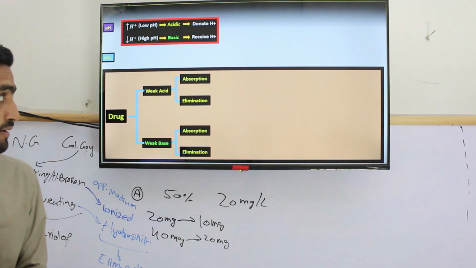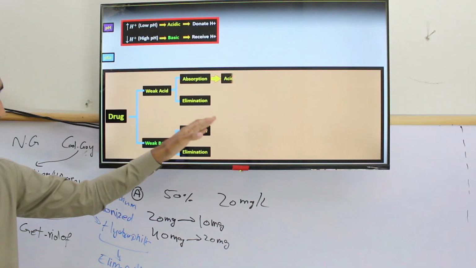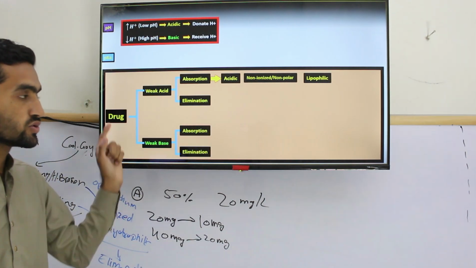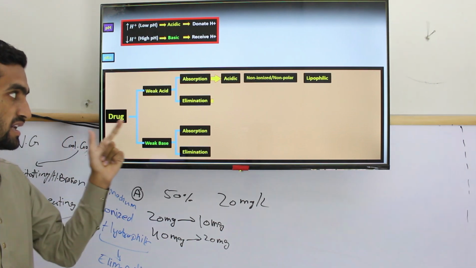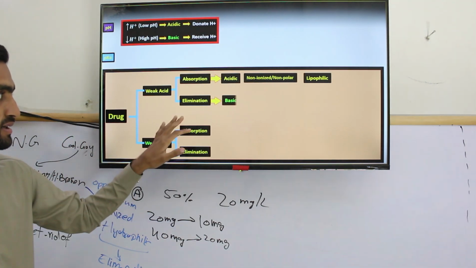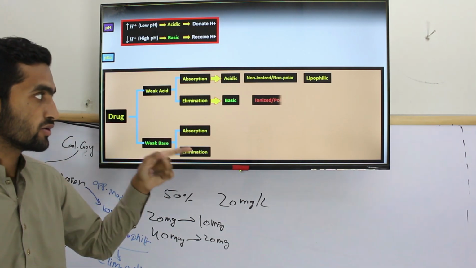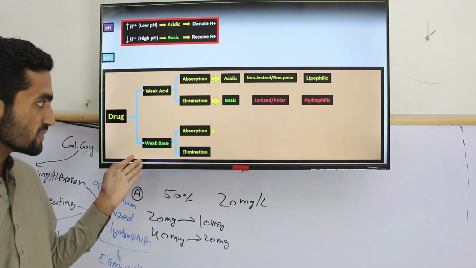Just look here. For example, a weak acid. When a weak acid sits in the acidic medium, it is non-ionized, so it is lipophilic. This helps the absorption of the weak acid. For the elimination, the medium would be more basic. When it goes into the basic medium, it ionizes and becomes hydrophilic.